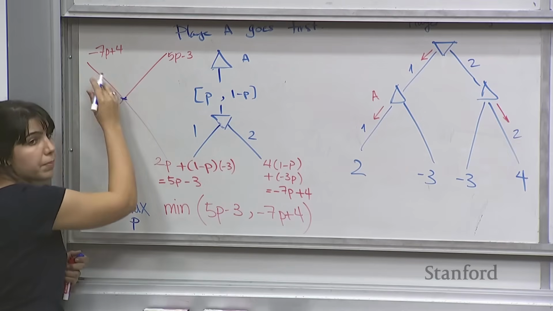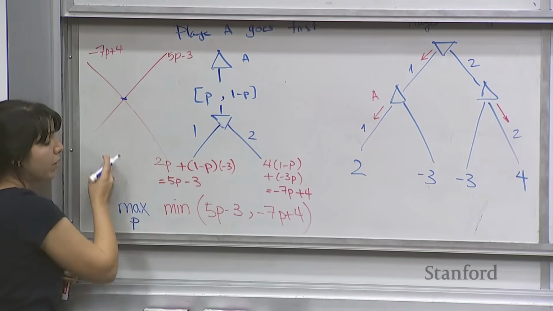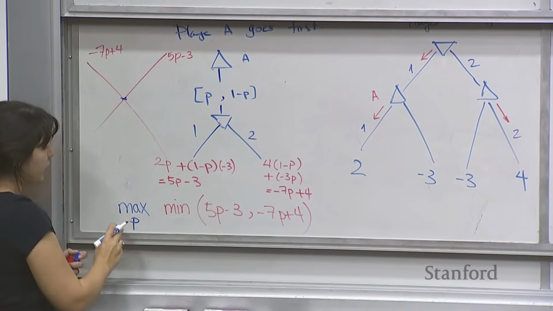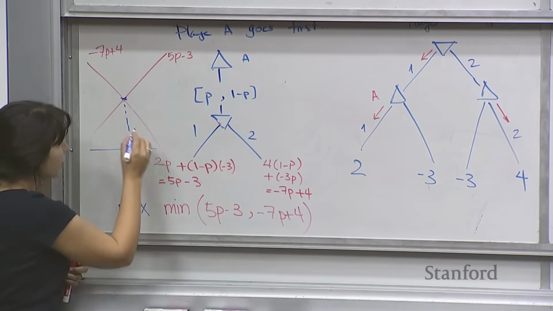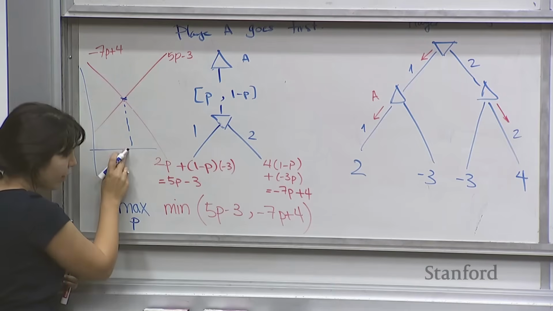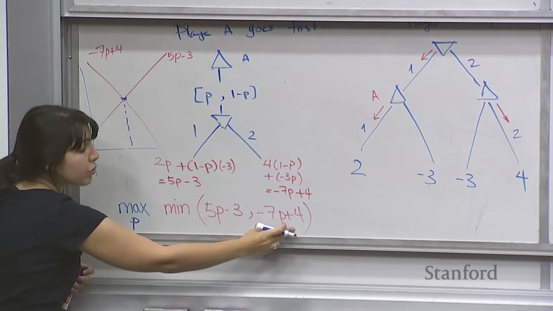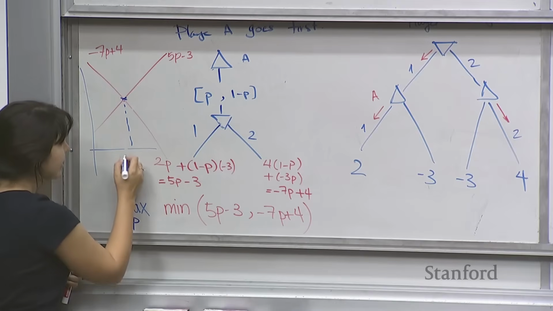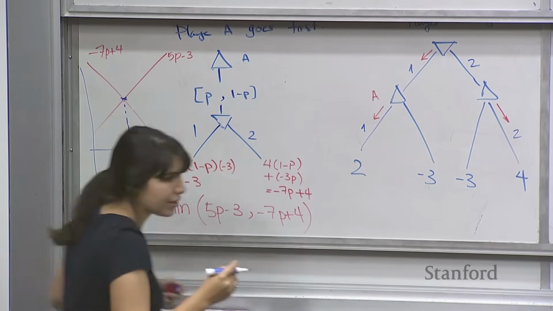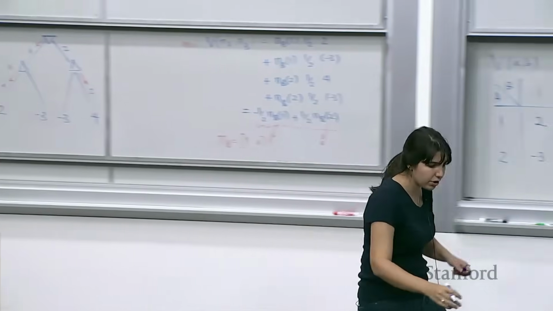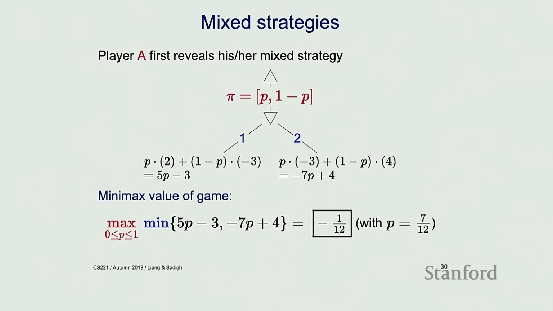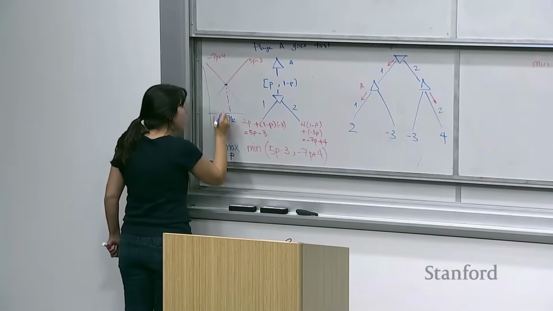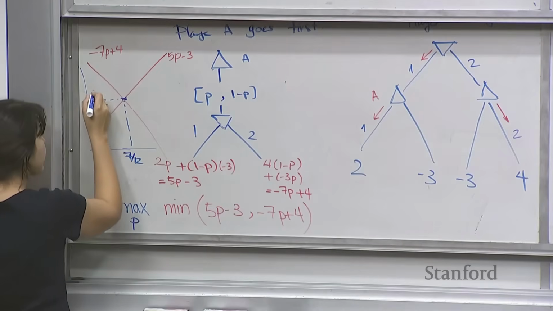So the P that I'm going to pick is the P where these two are equal to each other. And that turns out to be at, I don't know what it is, 7/12 or something. Actually, I don't know where it is. What is this value? Yeah, so it's going to happen at 7/12. And the value of it is minus 1/12.